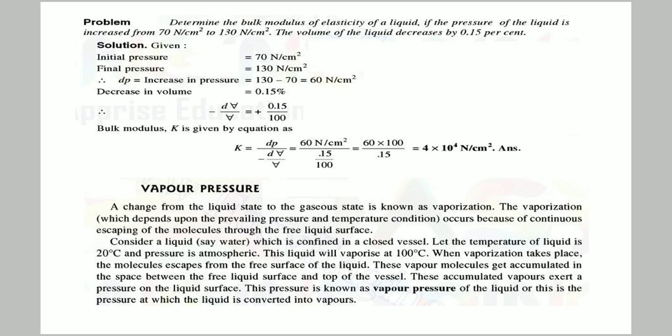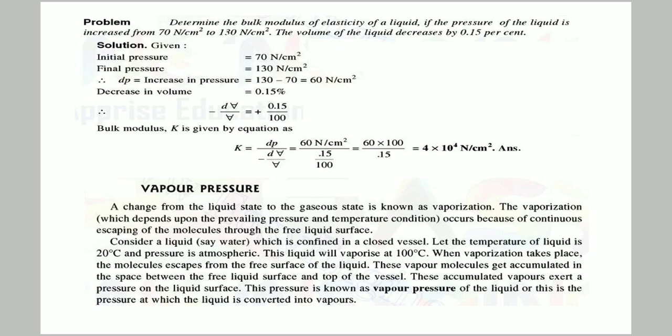So this accumulated vapor, the vapors which have escaped from the surface of the liquid, exert some amount of pressure on this liquid, and it is known as vapor pressure. The pressure exerted by the escaped liquid vapors on the liquid surface is known as vapor pressure of the liquid, and this is the pressure at which the liquid is converted into vapors.